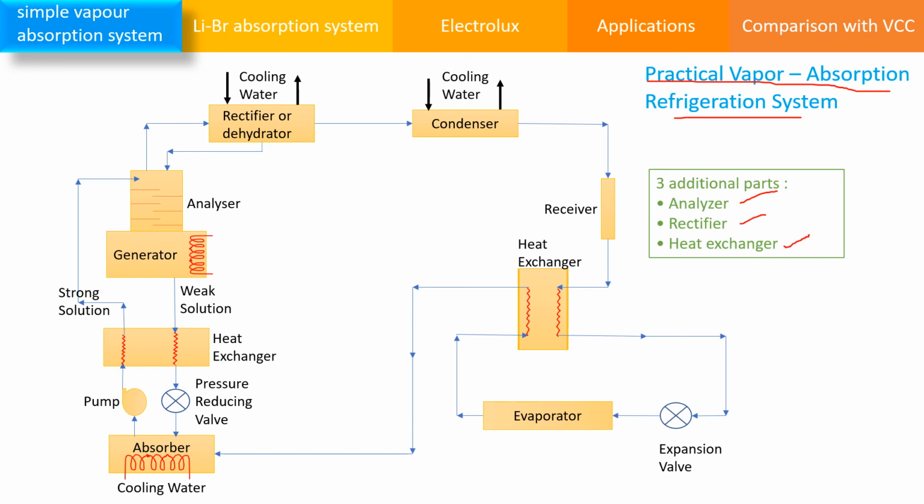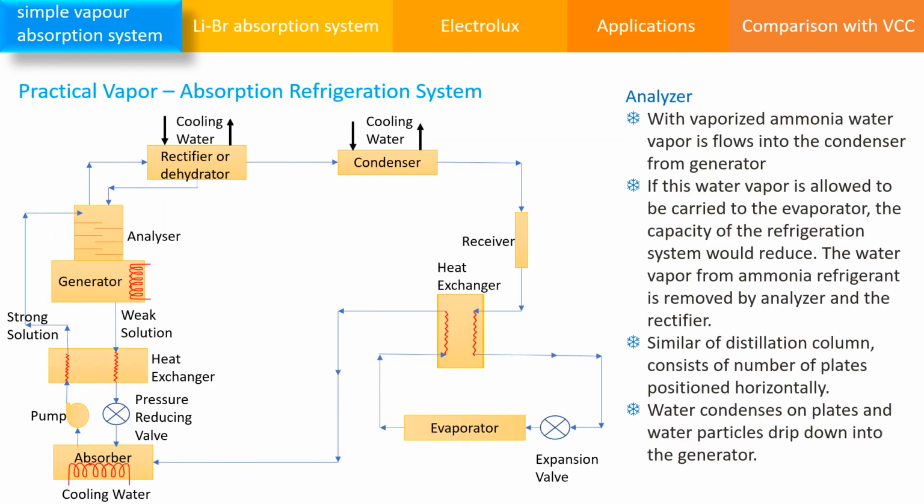If you remember, the evaporator, expansion valve, condenser, generator, pump, pressure reducing valve, and absorber are the same as in the previous vapor absorption system we have studied. This just uses three extra components: analyzer, heat exchanger and rectifier. We will see their functions one by one.